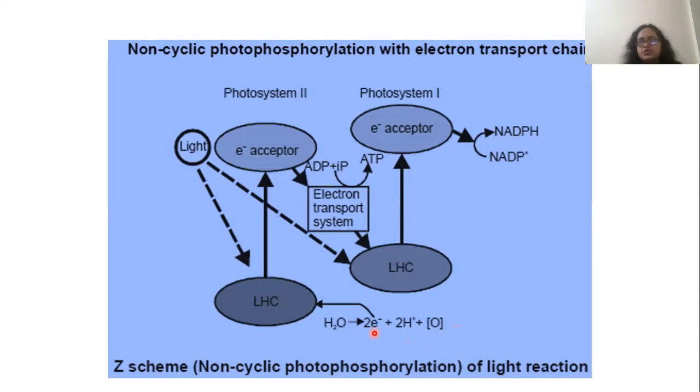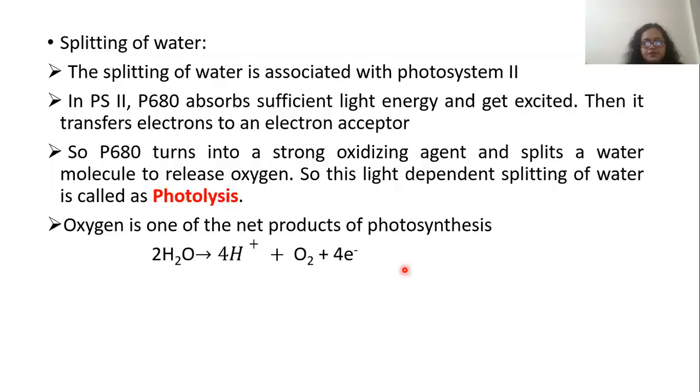These electrons are used to replace the electrons lost by the P680 molecules. And the electrons lost by the P700 molecule are replaced by the electrons from the P680 molecule.